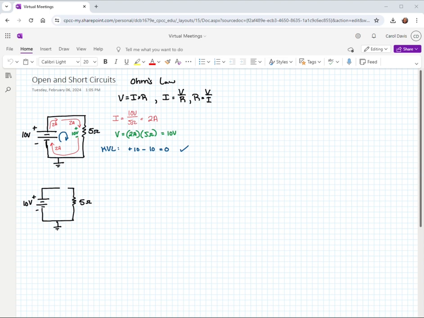Okay, so this is what we call an open circuit. Now, this can happen for many reasons. Some of them we might design in the system, but let's just say this is not supposed to happen in our circuit. Let's say that maybe the light bulb becomes disconnected somehow on one side. Maybe a wire becomes loose from the power supply.